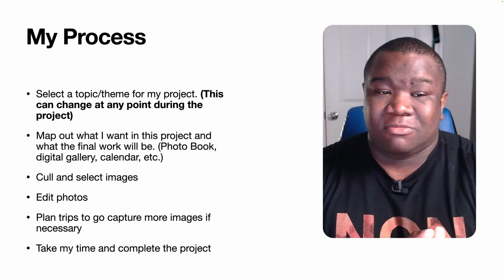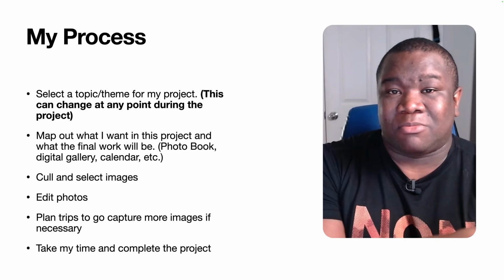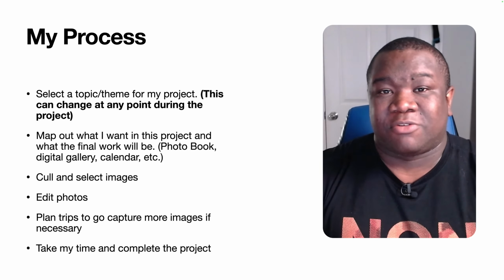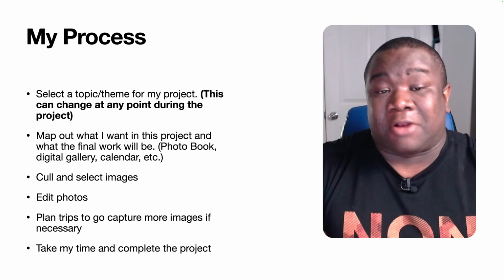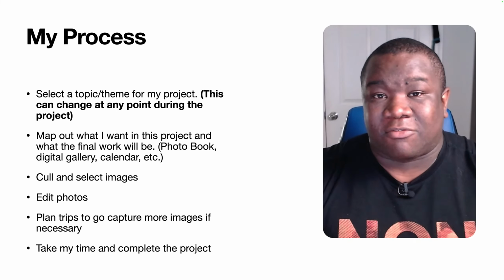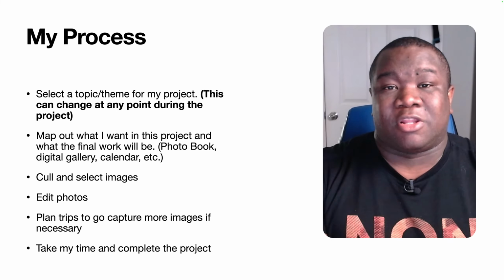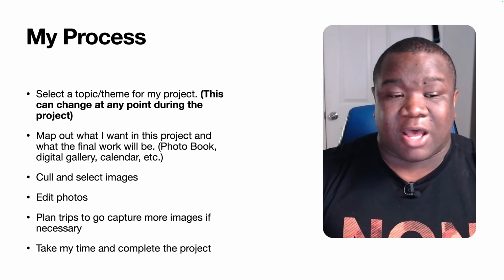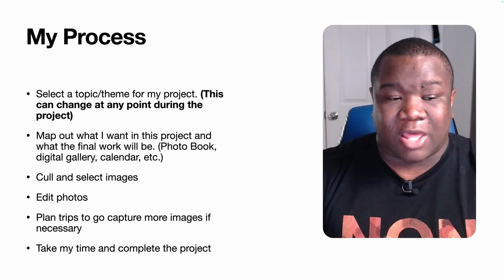So maybe it goes from a theme of animals in the zoo to birds of prey, birds in flight, something of that sort. I don't know, right? But that's why you have to have an idea so you know what you're looking for. And then as you start to gather your images, you may change the topic or the theme. So hopefully that makes sense.